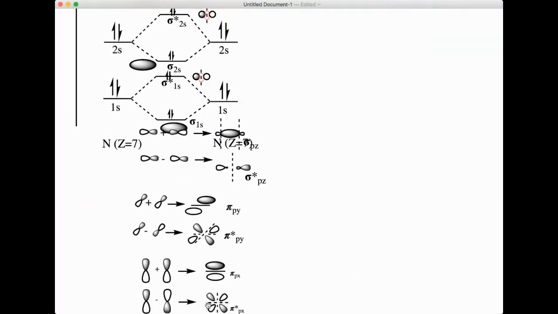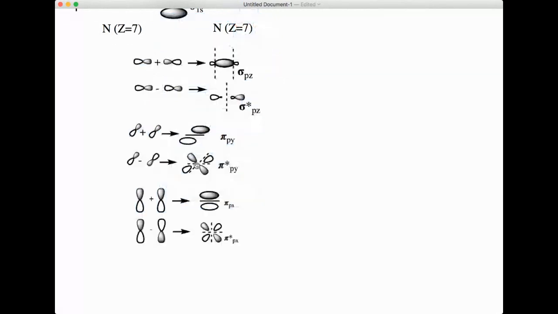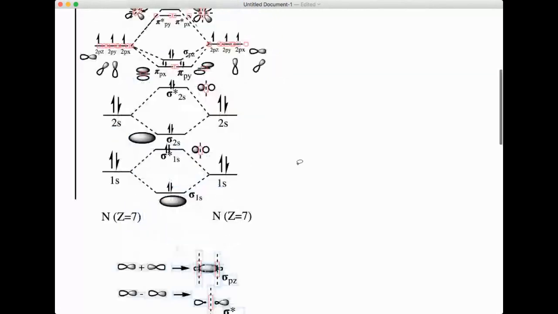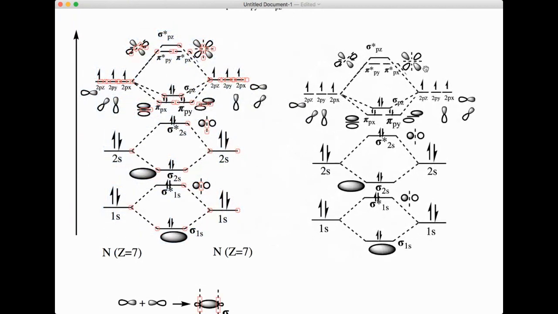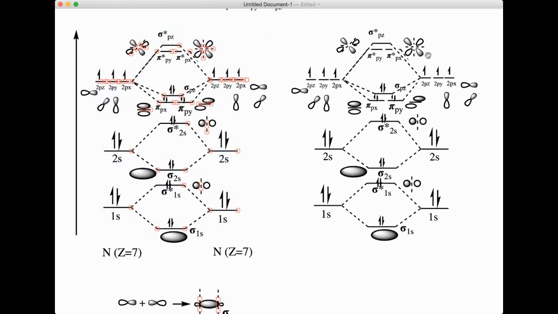Move it over here just in case you guys want to take a look at it later. And then let's do the same analysis that we just did. In this case, we were looking into the molecule of N2. Now we're going to do the same analysis by looking into the molecule of O2.